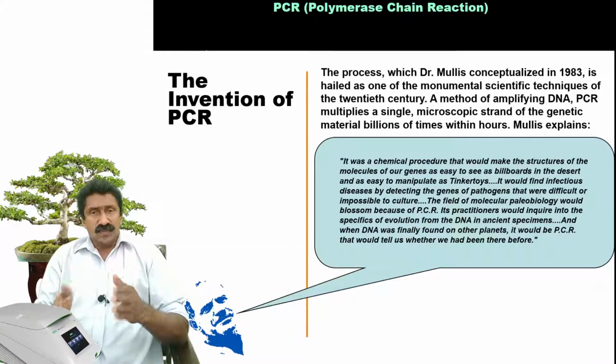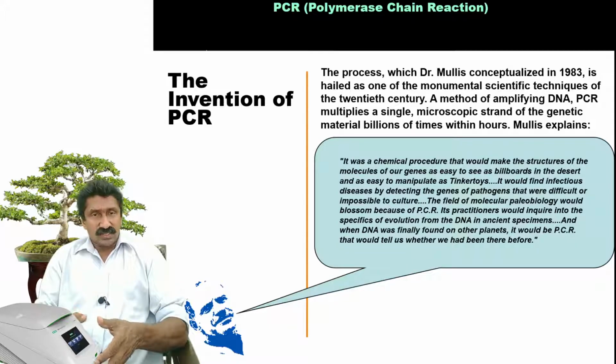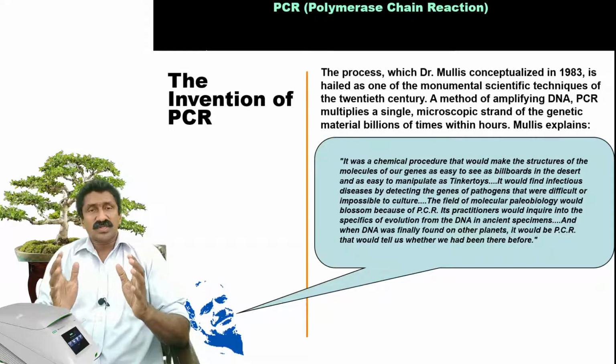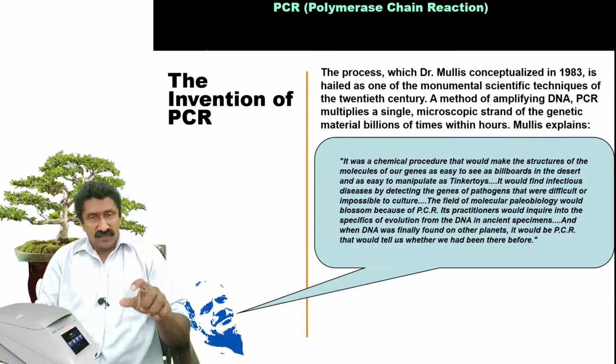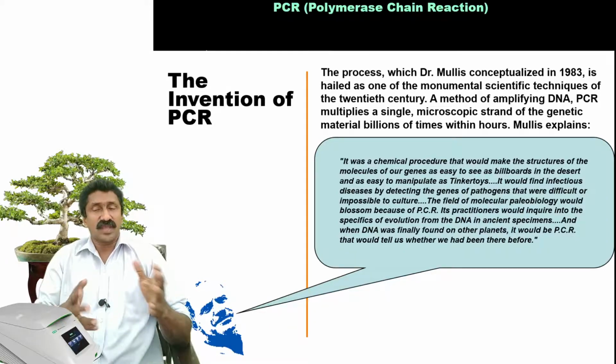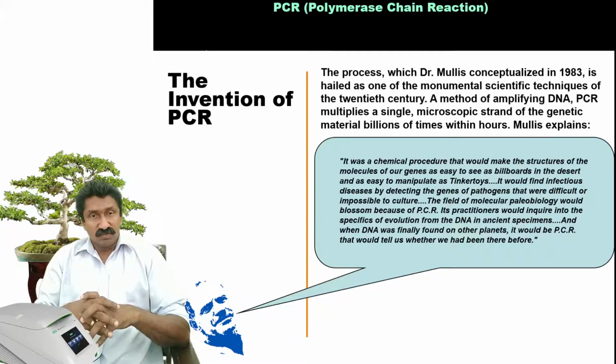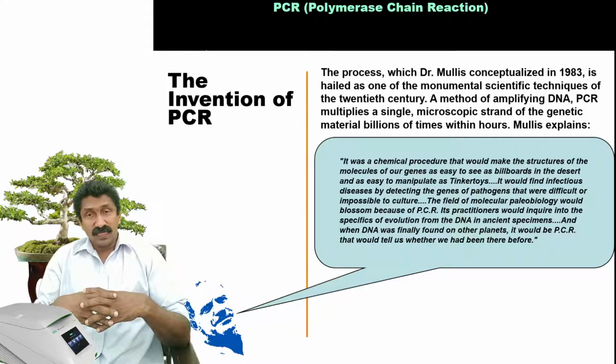The process which Dr. Mullis conceptualized in 1983 is hailed as one of the monumental scientific techniques of the 20th century, a method of amplifying DNA, that is PCR. It multiplies a single microscopic strand of the genetic material to billions of copies within hours. Mullis also explains his vision of this discovery.